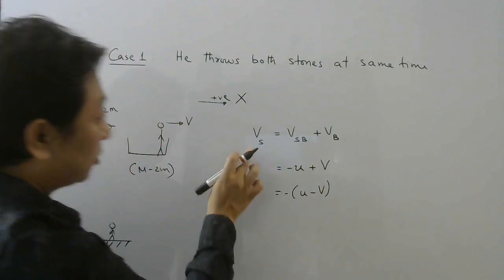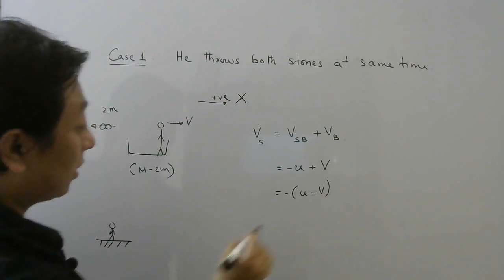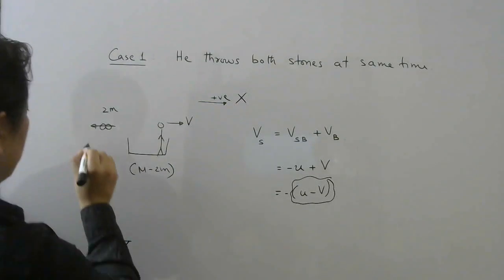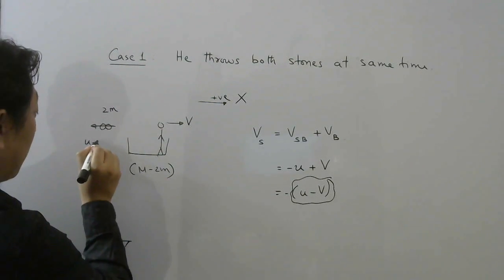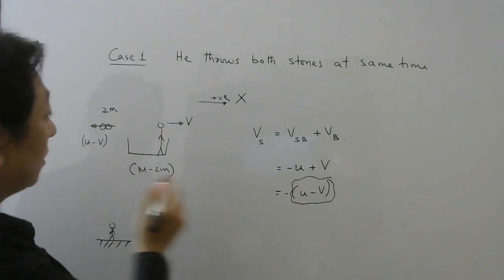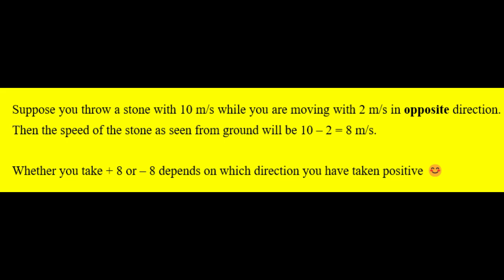So minus means the stones are having velocity in this direction with respect to ground, and this is the speed of the stones with respect to ground. So that speed is u minus v. Remember, this is the numerical value, and this minus sign means it is in this direction, right?